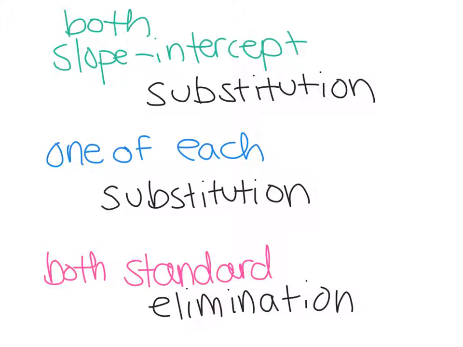If they're one of each, one is slope-intercept and one is standard form, you also want to use substitution. If they are both in standard form, you want to use elimination. As always, unless the directions force you to use a certain method, you can choose the one that you're most comfortable with. Use rearranging to get them to fit one of these three categories. And then solve. All right, that's all.